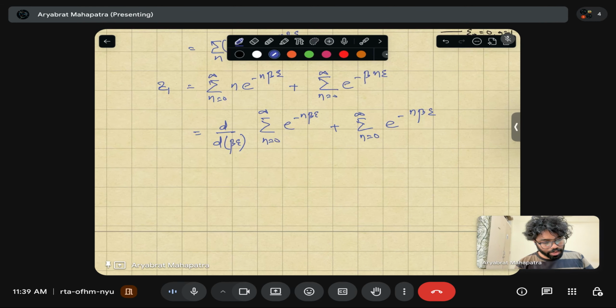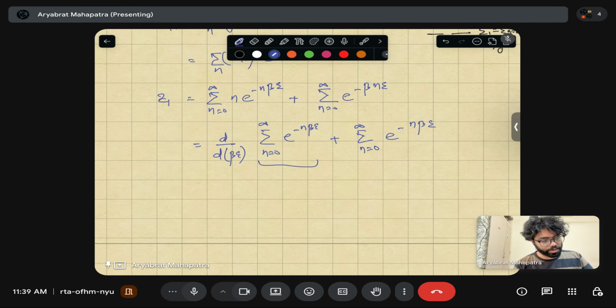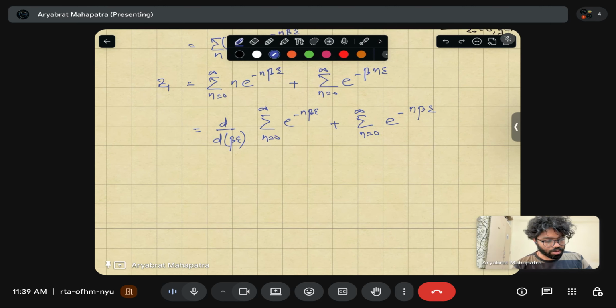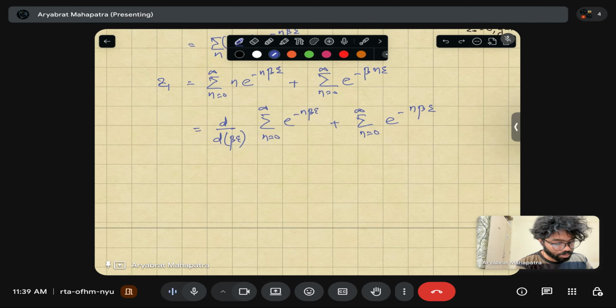Now you basically have to calculate only one sum. These are two same summation terms, but on the first term, after taking the summation, you also have to take the derivative with respect to beta epsilon.